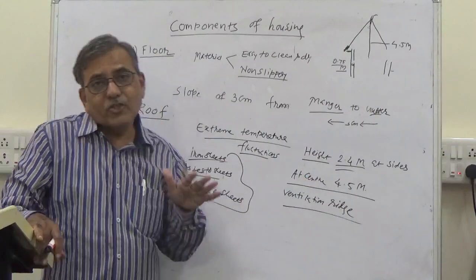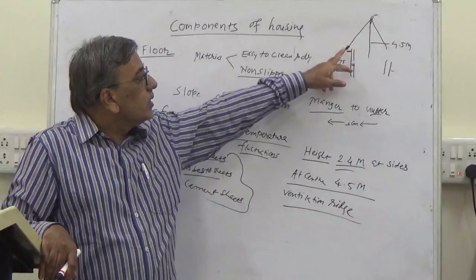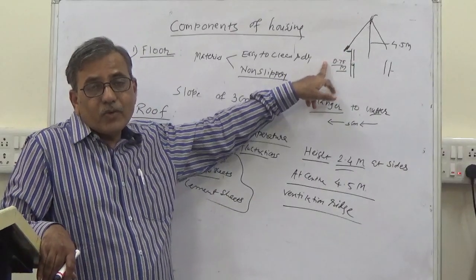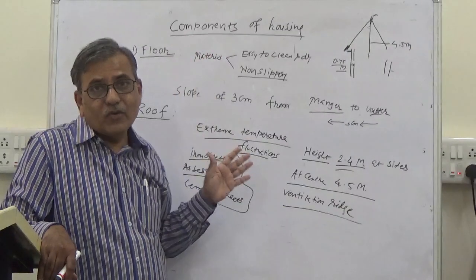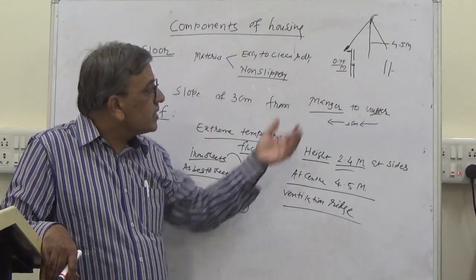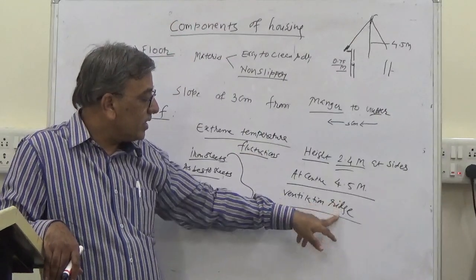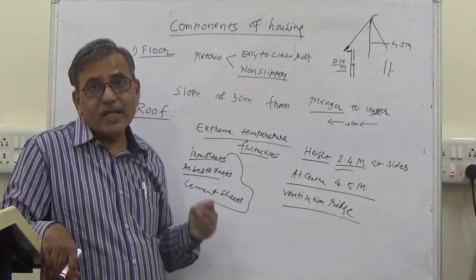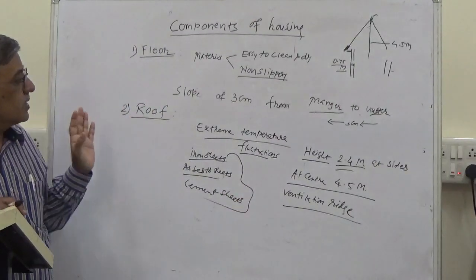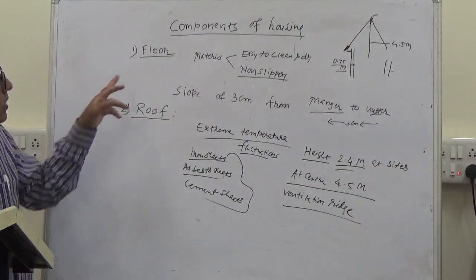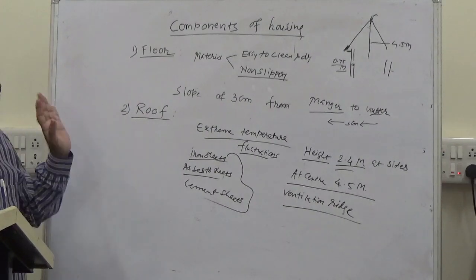At the center the height should be 4.5 meters and the roof should extend 0.75 meters beyond the walls for proper drainage of rainwater. And at the center of the roof, a ventilation ridge is provided for escape of hot air from the house. So this is about the second component of dairy housing. First one is floor, second one is roof.